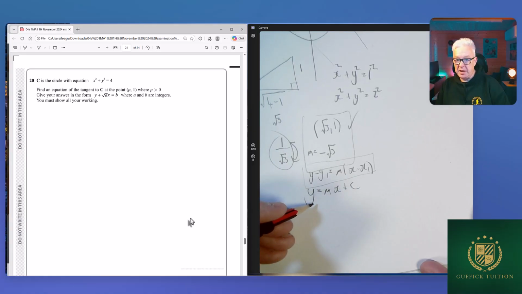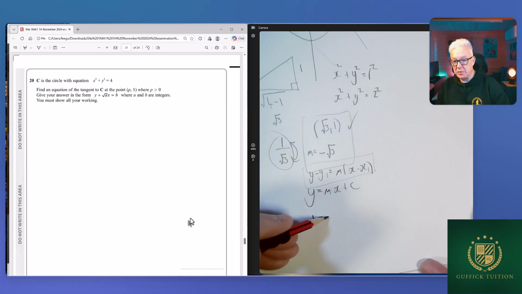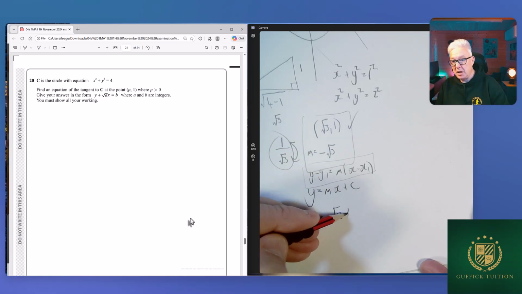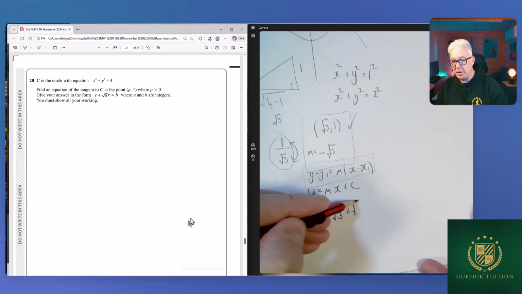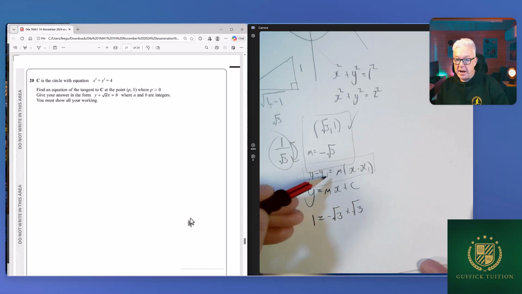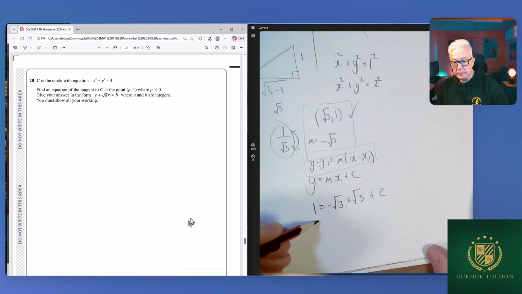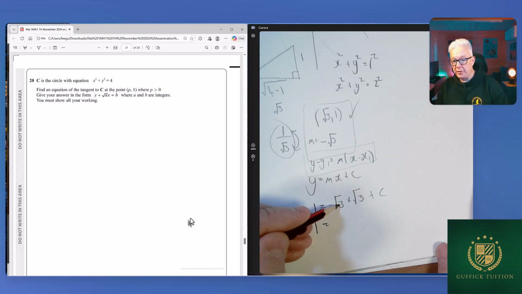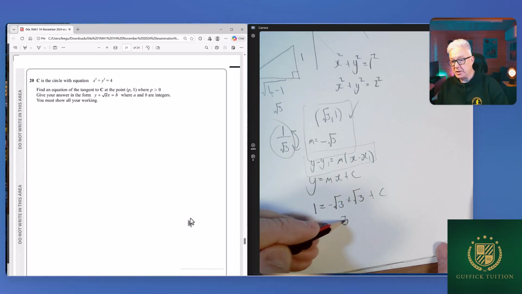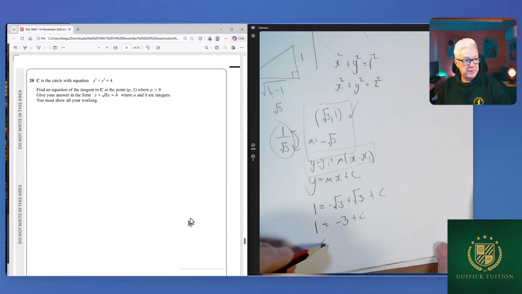So we're going to sub in our y value, which is 1, our gradient, which is minus root 3, our x value, which is root 3, and the c we do not know. So we're trying to find out what c is. So 1 equals, root 3 times root 3 is 3, so we have minus 3 add c. That gives us that c is therefore equal to 4.